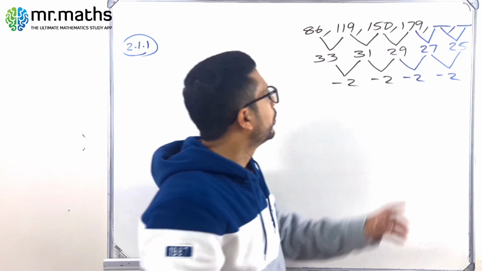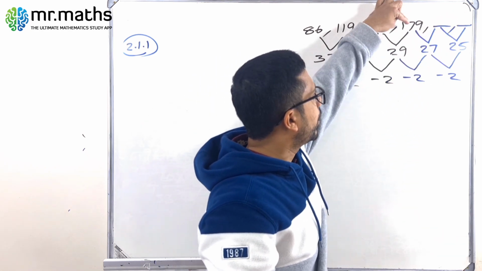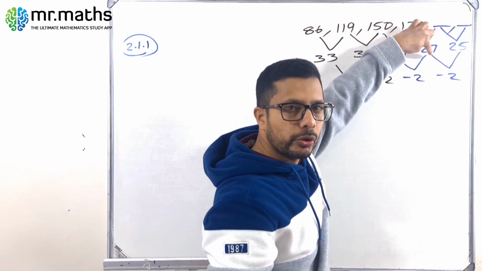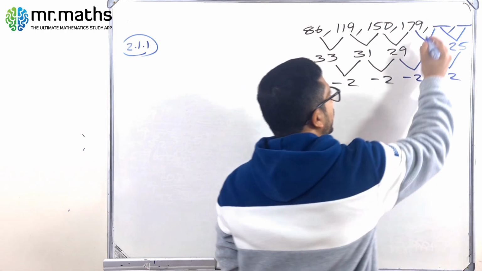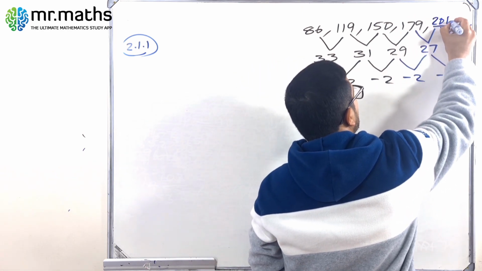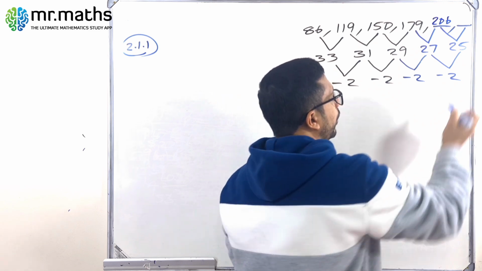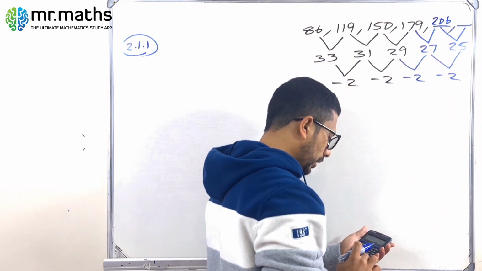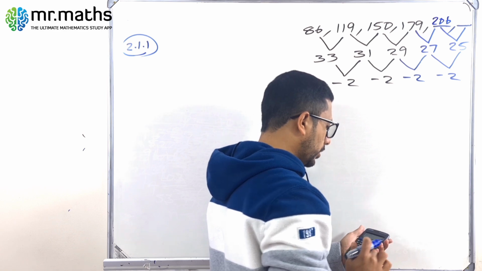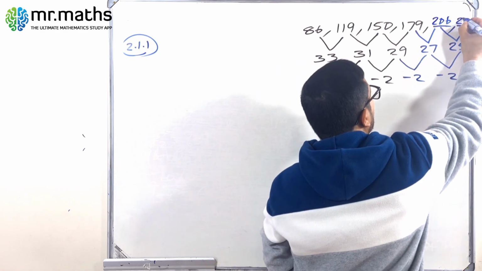How can I find the next number? 179 plus 27 is 206. Then 206 plus 25 is 231.